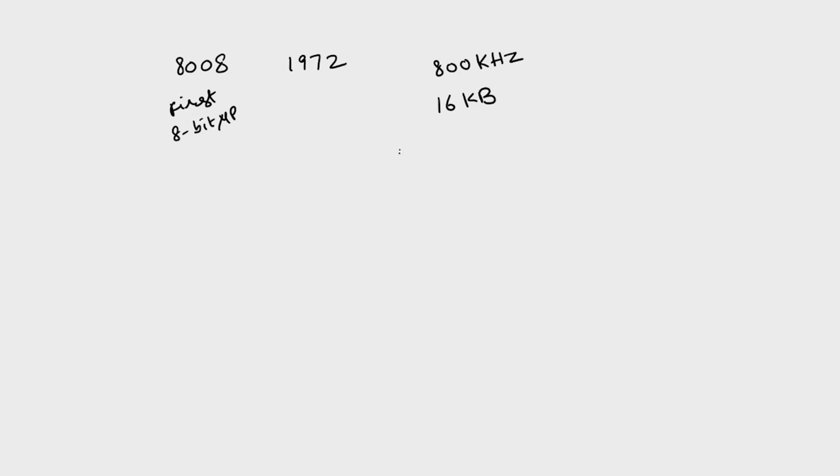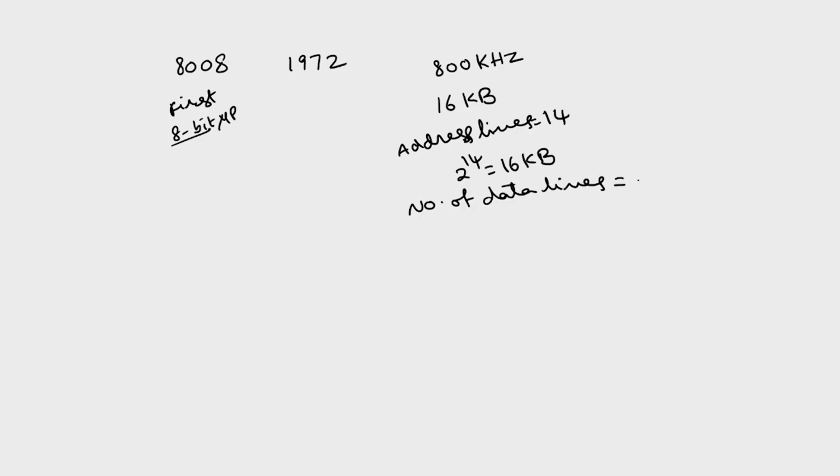That means we will have 14 address lines, because 2 raised to the power of 14 is 16 kilobytes. And the number of data lines is 8, as the 8-bit represents the number of data lines.